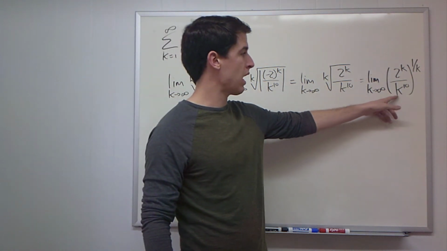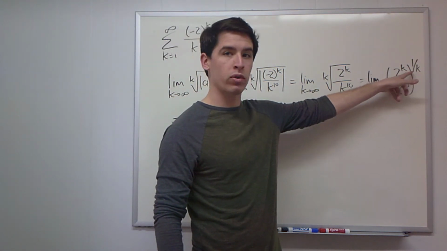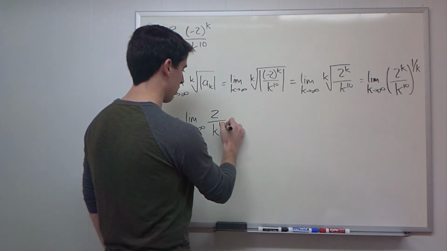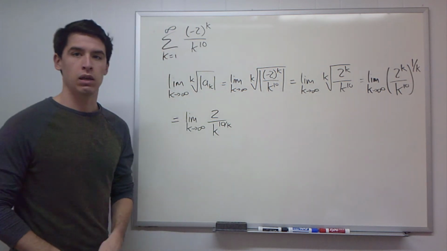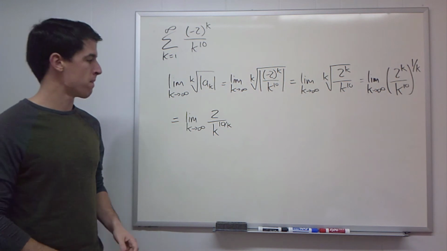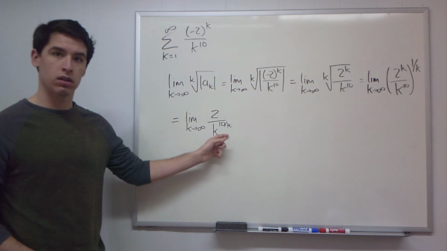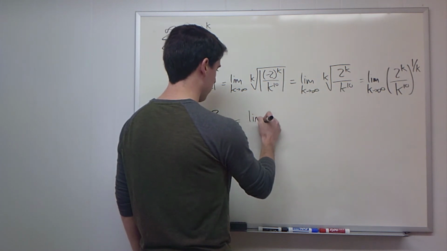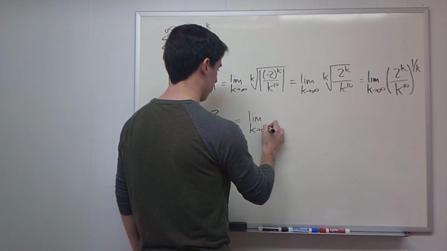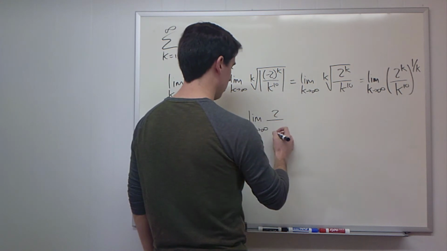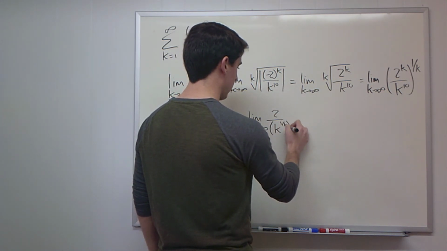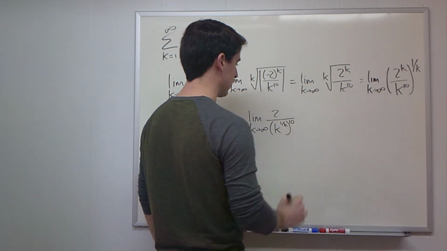And then I have k to the 10 times 1 over k, or k to the 10 over k, in my denominator. And let me rewrite the denominator one more time. So I get the limit as k goes to infinity of 2 divided by k to the 1 over k, raised to the 10.